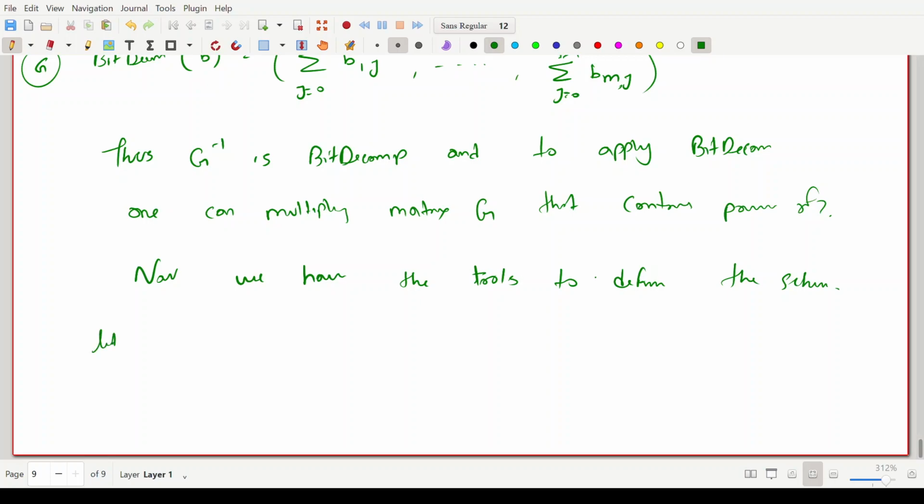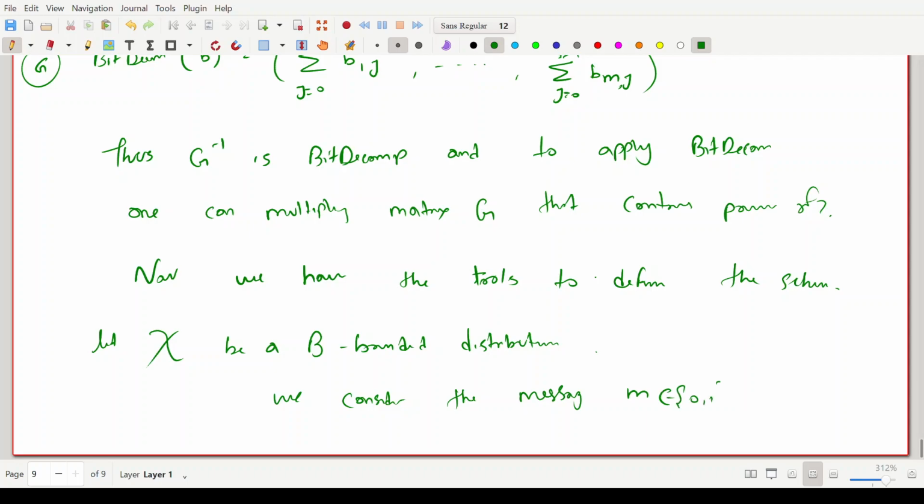Let chi, as usual, be a B-bounded distribution, and we consider the message M, which belongs to {0, 1}. Okay, now let us start.